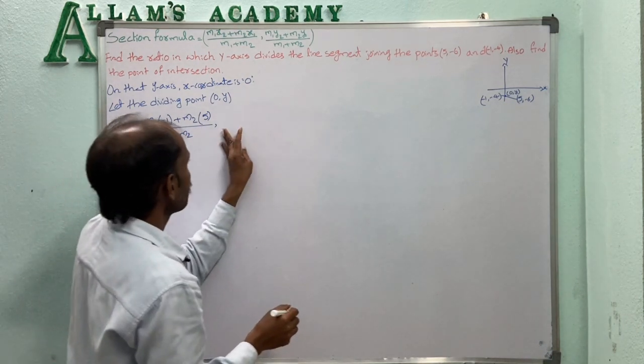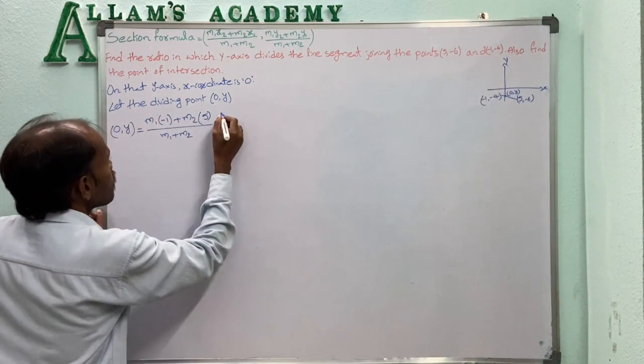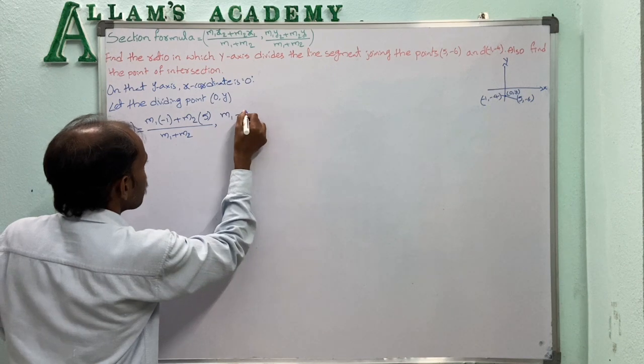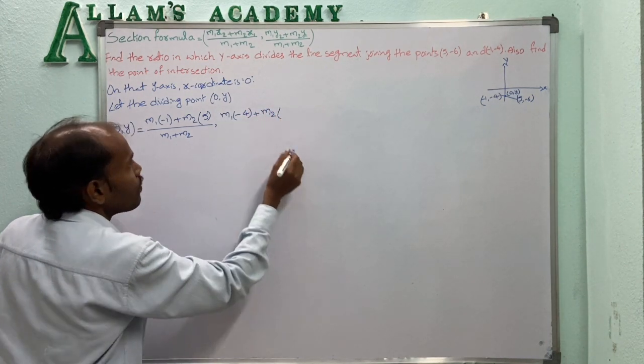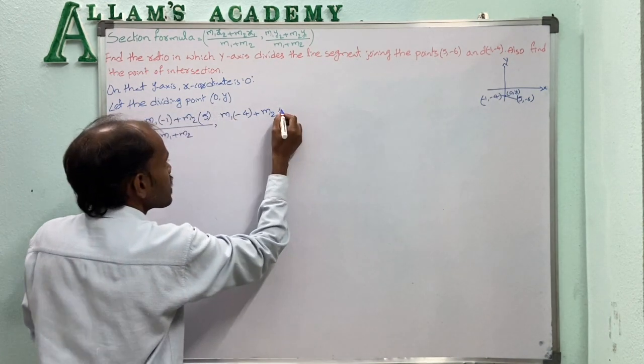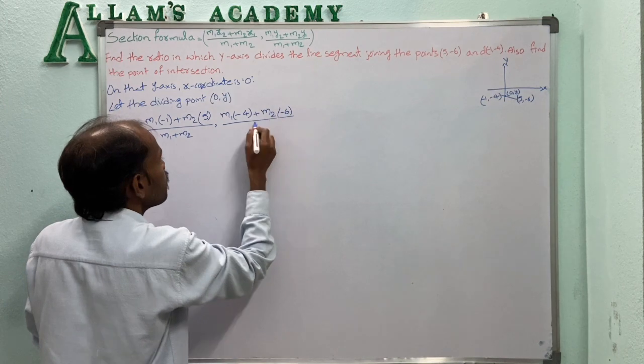Next, m1 into y2, that is minus 4, so m1 into minus 4 plus m2 into y1, that is minus 6, by m1 plus m2.